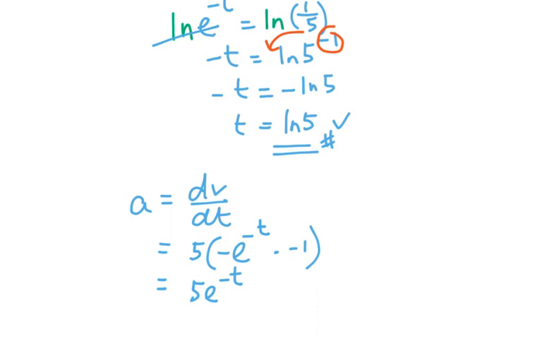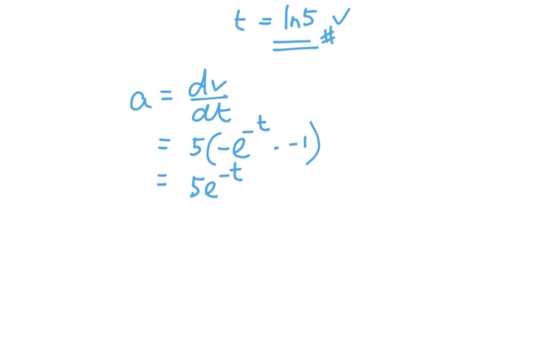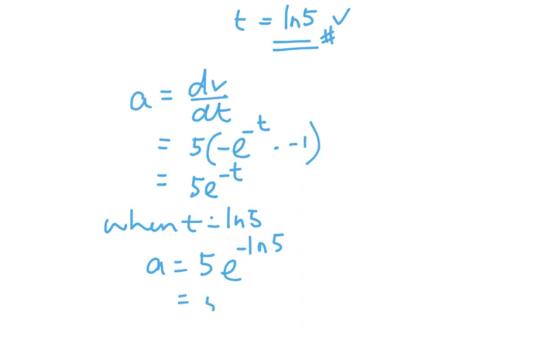So now when t is equivalent to ln of 5, a will be equivalent to 5 exponential of negative ln 5. Okay, so this can also be written as 5 exponential of ln 5 to the power of negative 1.